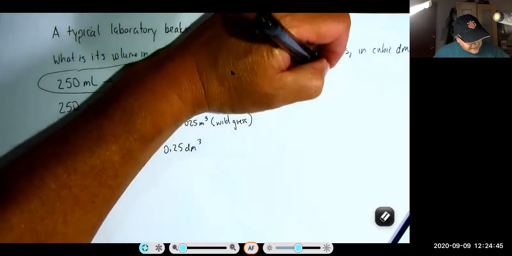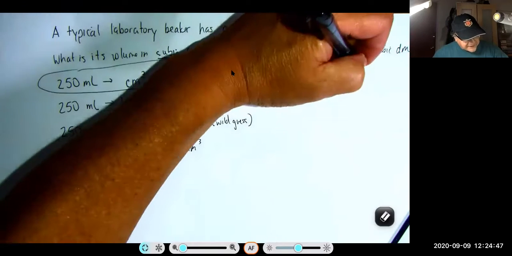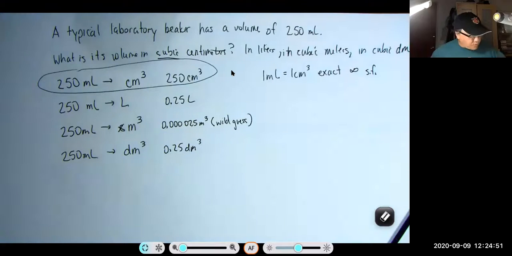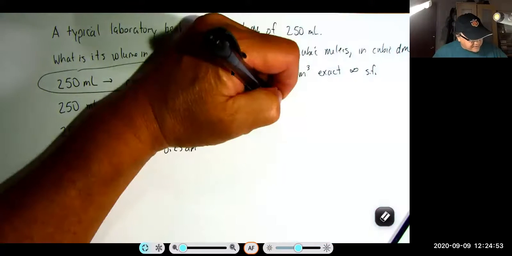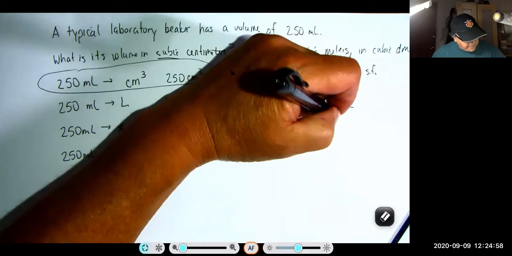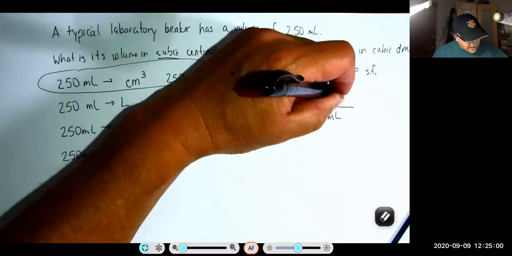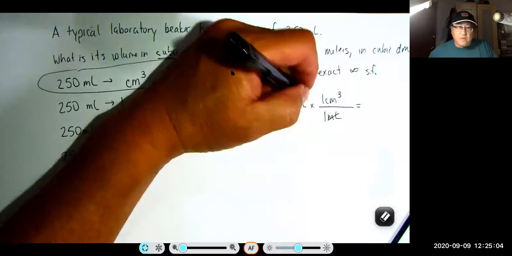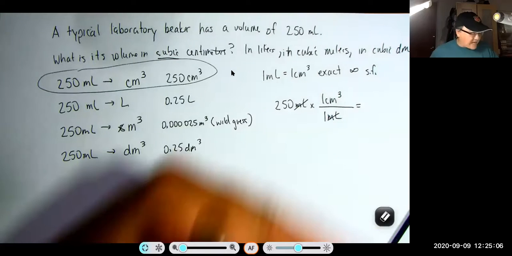is exact, which means we have infinity significant figures for both ones. So to show the work, you would write 250 milliliters times 1 milliliter on the bottom, 1 centimeter cubed on the top, and these milliliters would cancel. If you show them canceling, that's okay.